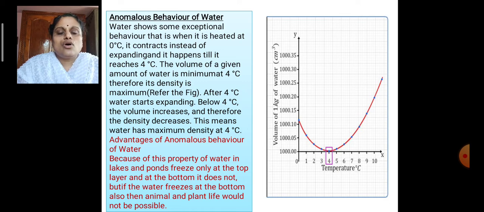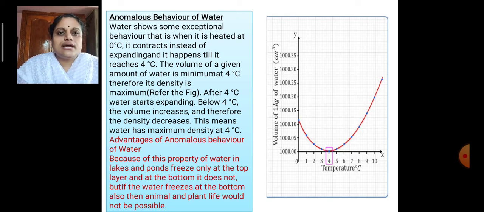The volume of a given amount of water is minimum at 4 degrees centigrade, and therefore its density is maximum. After 4 degrees centigrade, water starts expanding.